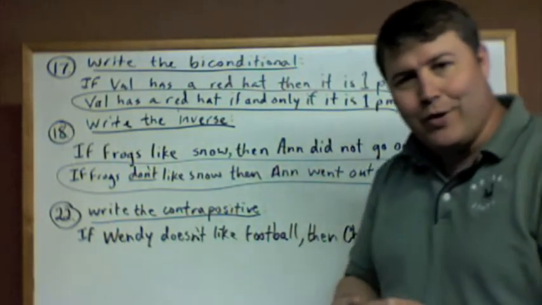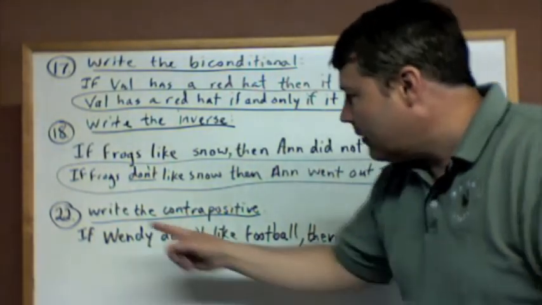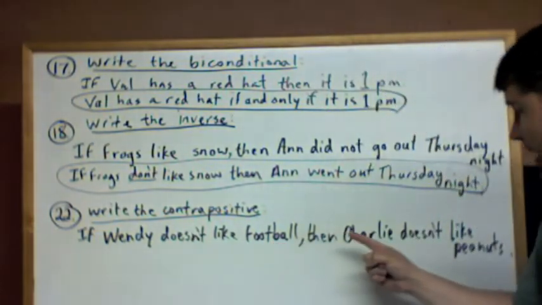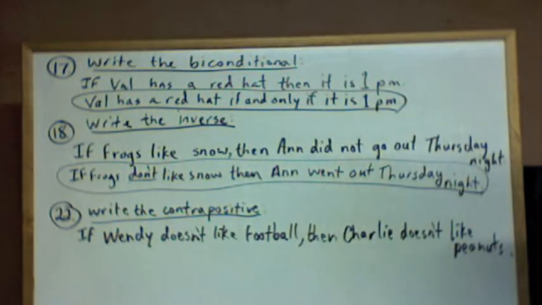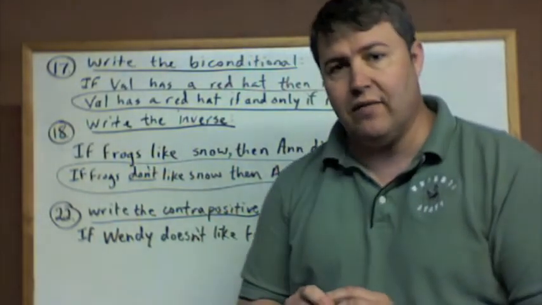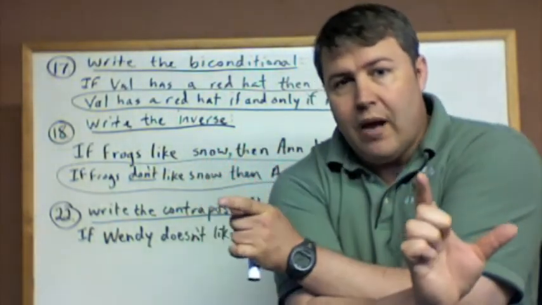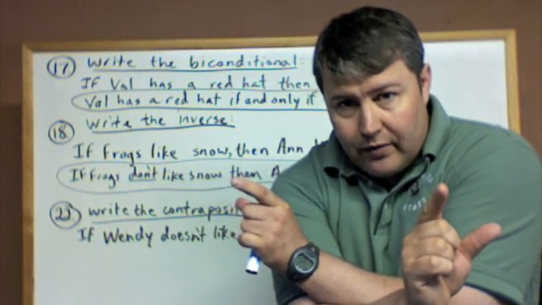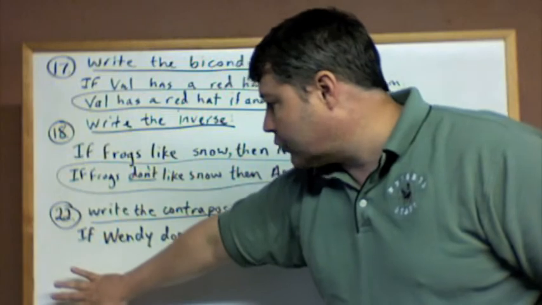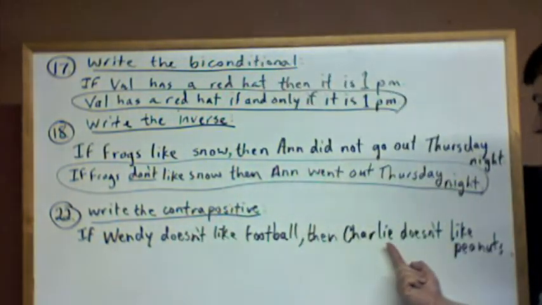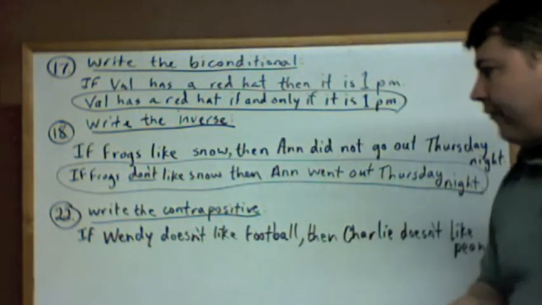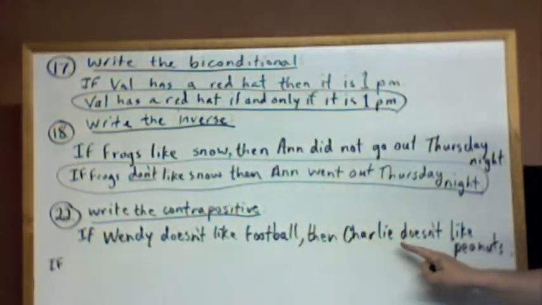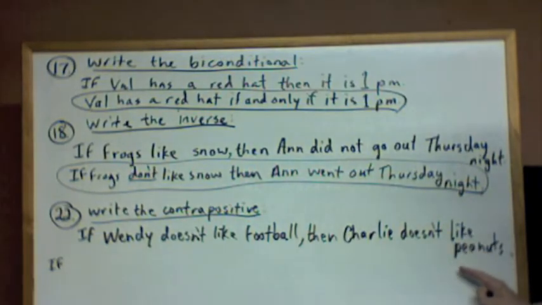And now one of the hardest ones, the contrapositive. Number 22, write the contrapositive. If Wendy doesn't like football, then Charlie doesn't like peanuts. Remember that the contrapositive not only takes the if and the then and flips them around, but changes both of them to their opposite, negates both of them. So my if in the contrapositive will be the opposite of the then. So I will write if Charlie likes peanuts, that'd be the opposite of doesn't like peanuts.